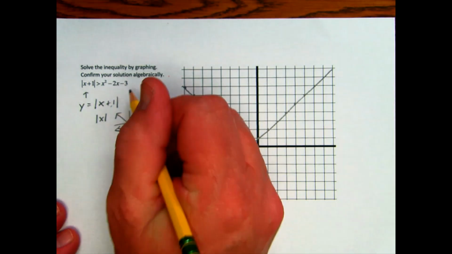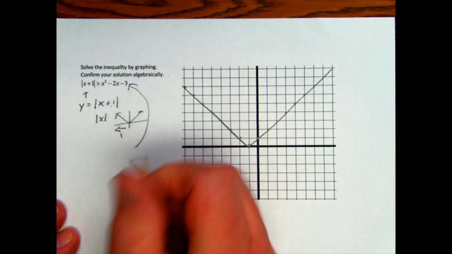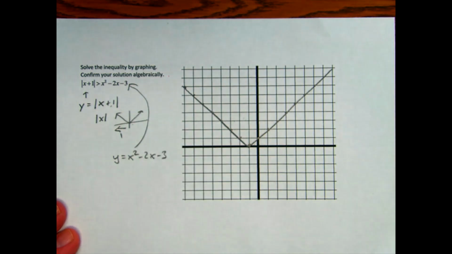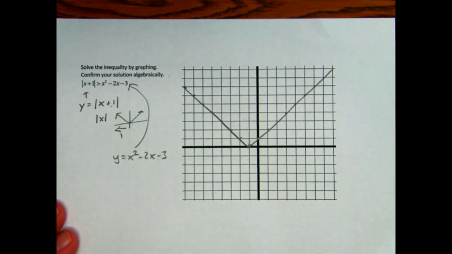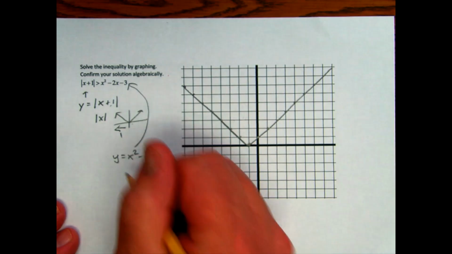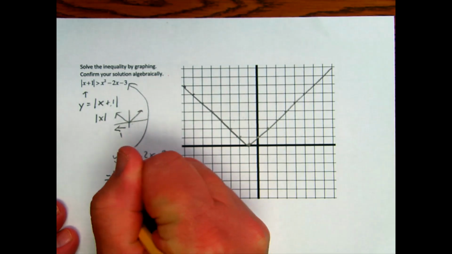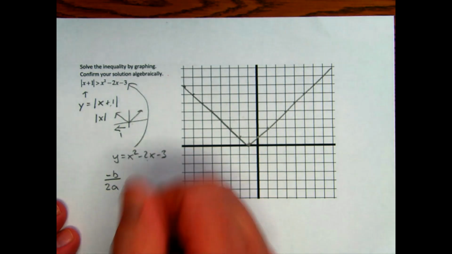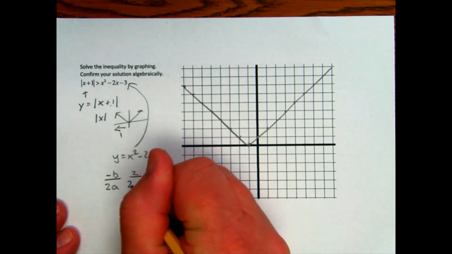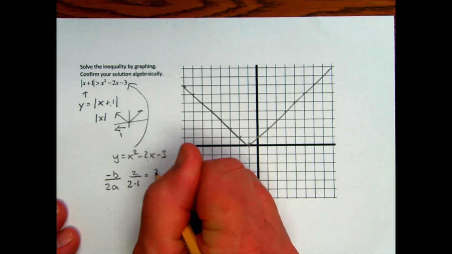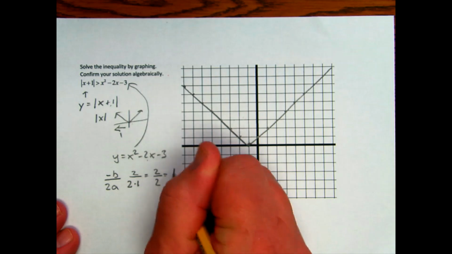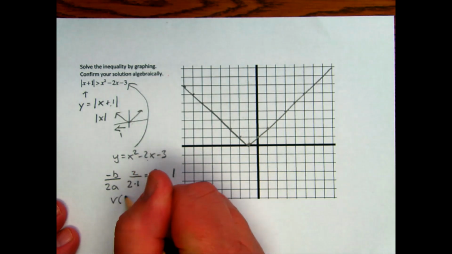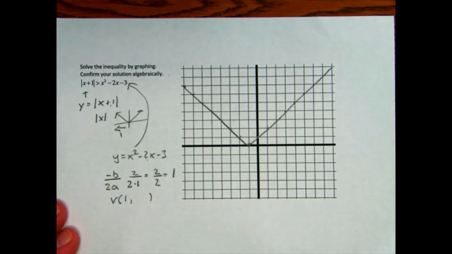Okay, now I'm going to do the same thing with the other side. We're going to get a graph of y is equal to x squared minus 2x minus 3. One way we could do that is to identify the vertex by the opposite of b over 2a. So that's going to be 2 over 2 times 1, which is equal to 1. So we know the x coordinate of the vertex is 1, comma something.